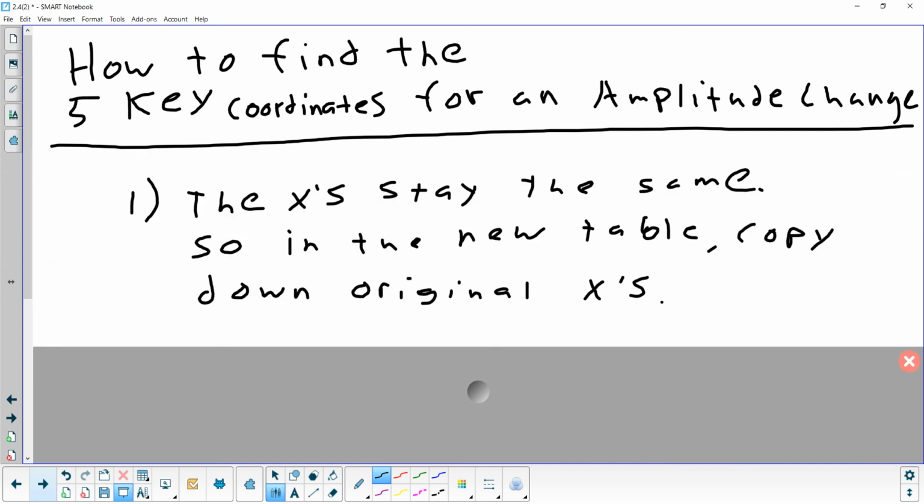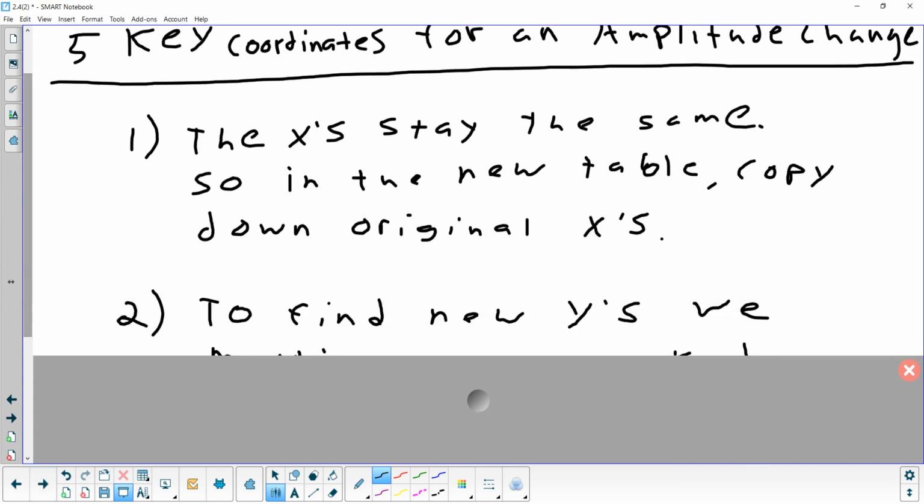And what's nice about the x's staying the same is the x's are all the fractions with pi. The x's are harder to work with. So today, we don't have to work with the fractions with pi. All we have to do is work with the y values. The y values are easy. There are zeros, ones, and negative ones. So we're only going to have to do arithmetic with those 3 numbers today. 0, 1, negative 1.